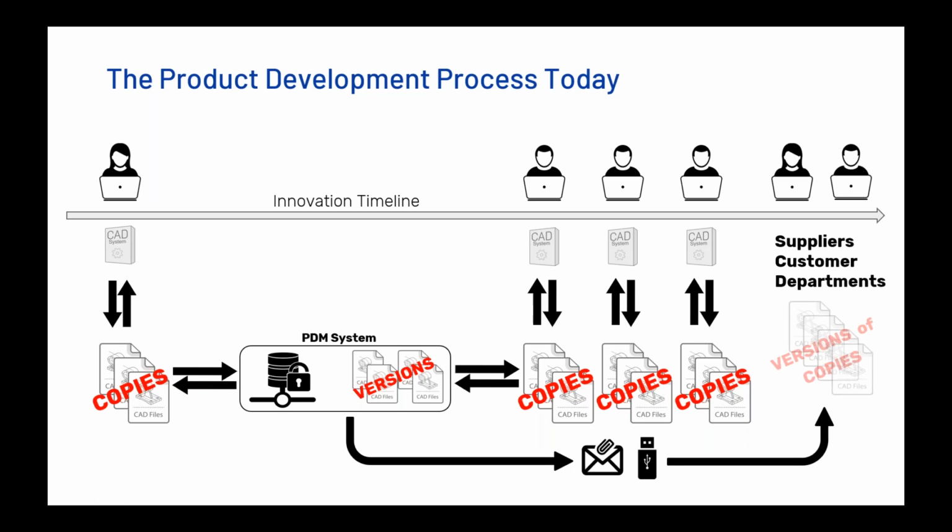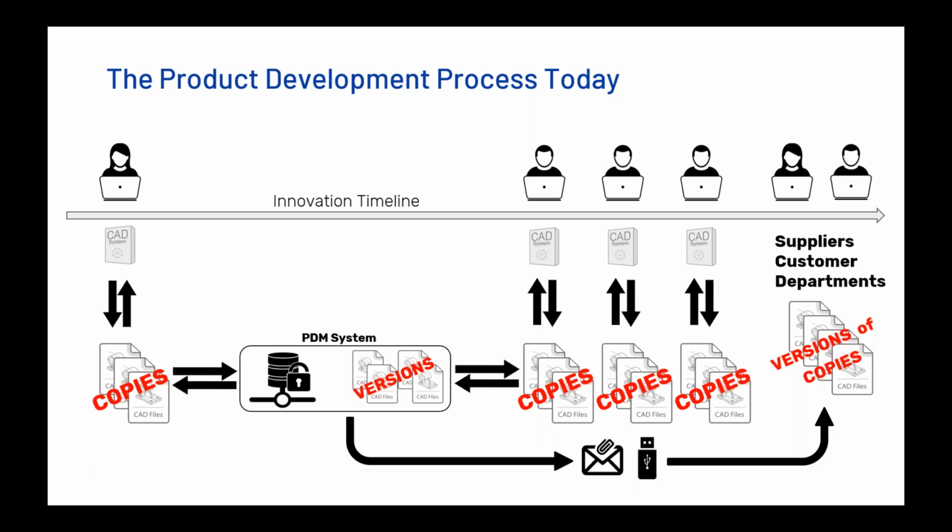And then even still, when we're sending that data to our suppliers and our other departments, maybe even manufacturing, that data may not necessarily be the most accurate data. And a lot of times we see in manufacturing, if the data is not accurate, that they might be manufacturing to something that's an older version or an older iteration.